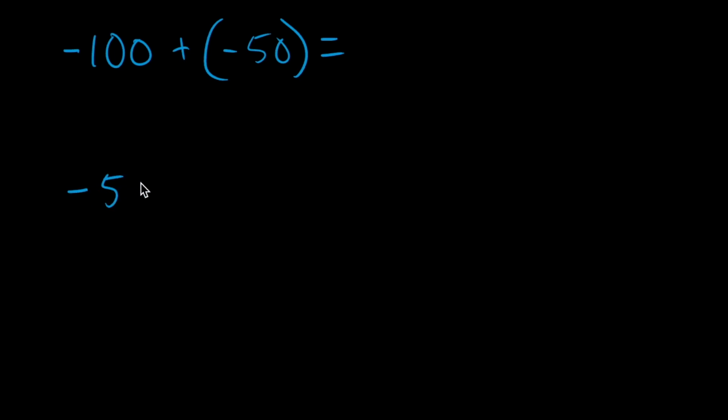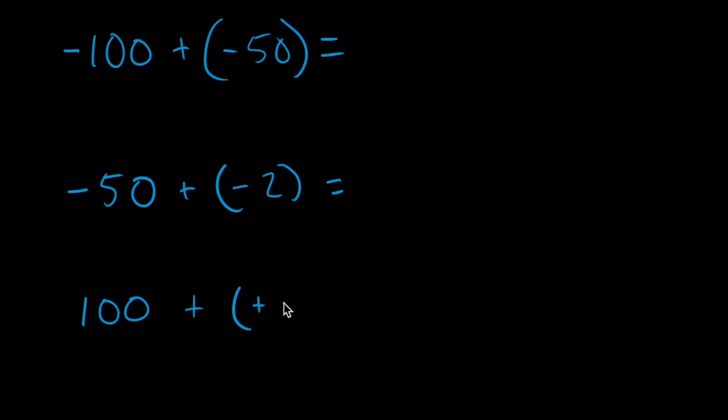I'll give you negative 100 plus negative 50 equals, and negative 50 plus negative 2 equals, and the last one will be 100 plus positive 7 equals.